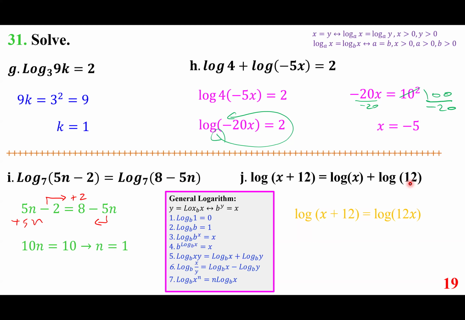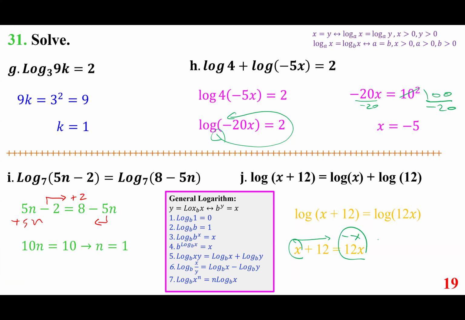So that's very straightforward, everybody. Now, they have the same base, namely, no base means base 10. They must have the same argument, x plus 12, and 12x must be the same. So what happens is we are going to move this one.